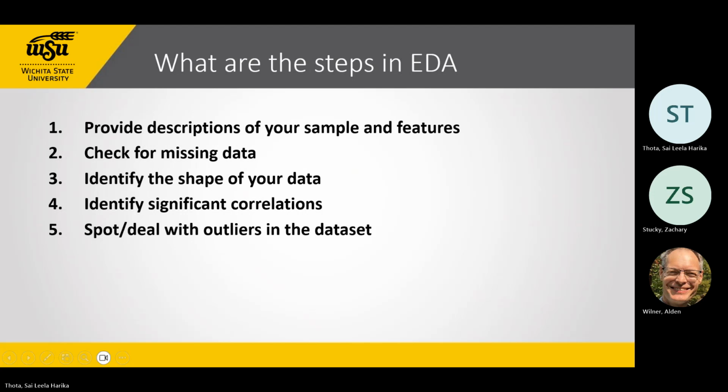Okay, what are the steps in EDA? Provide descriptions of your sample and features, check for missing data, and identify the shape of your data. With the help of EDA, you can understand how each column in your data set is varying, and what the relationships in that column are. Then identify significant correlations: you will identify which variables are highly correlated, less correlated, or don't have any correlation with your target variable.